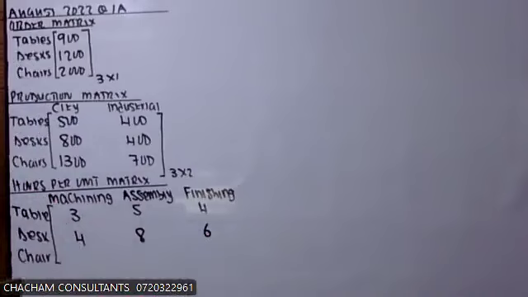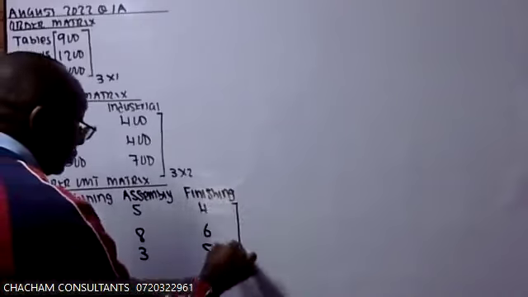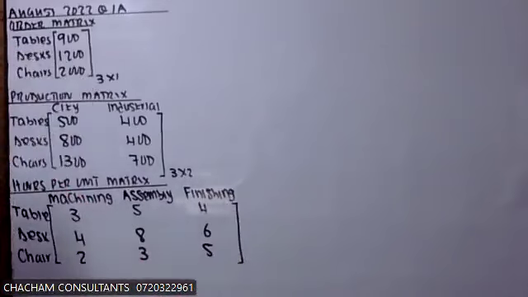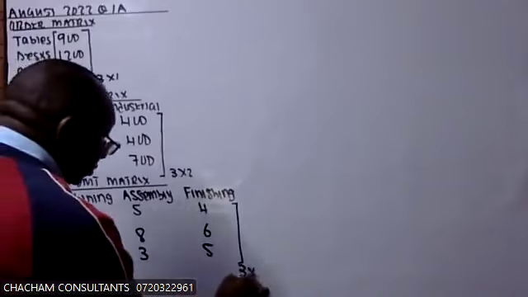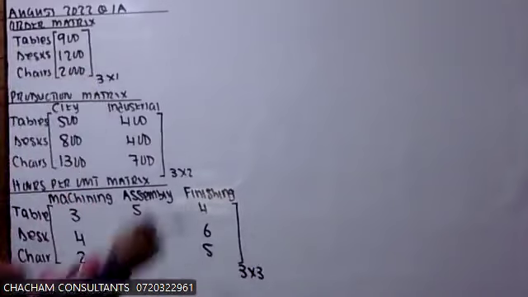Production of a chair requires 2 hours in machining, 3 hours in the assembly, and 5 hours in finishing. So this one is now a matrix of 3 by 3.